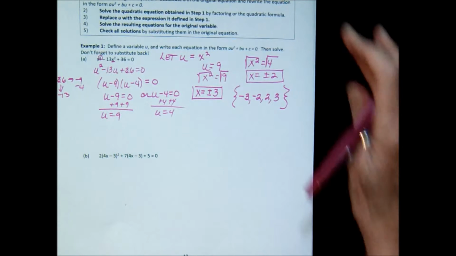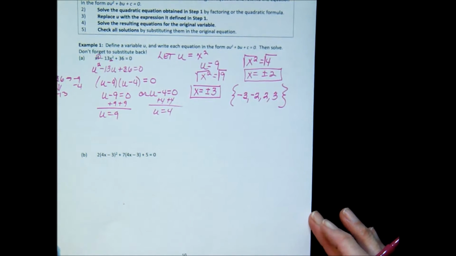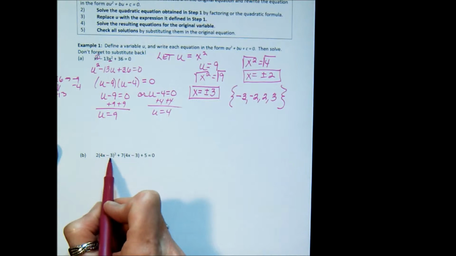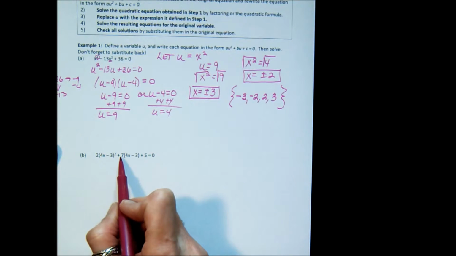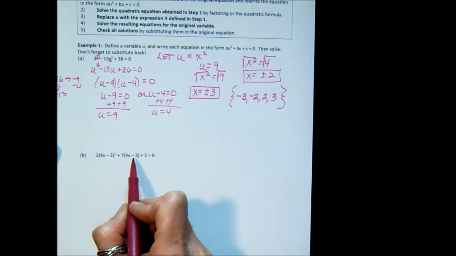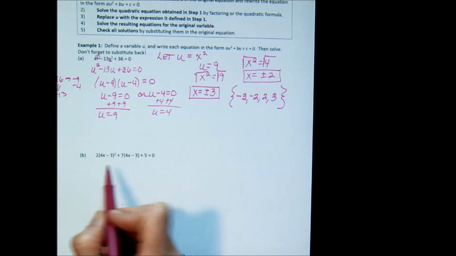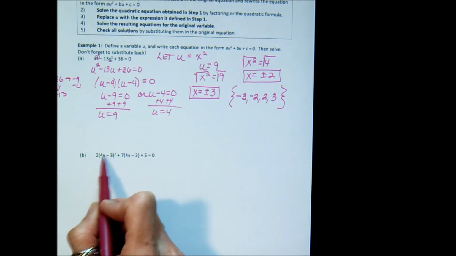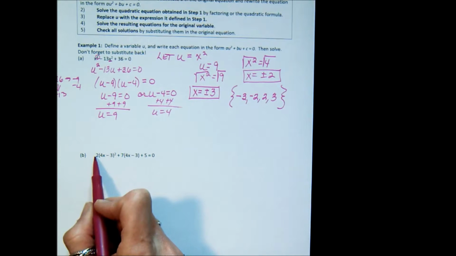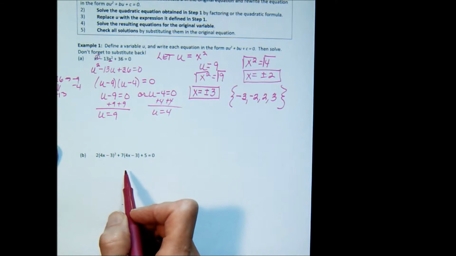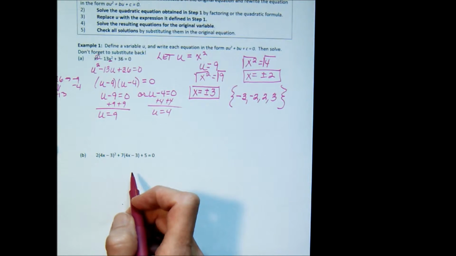This other one's a little different because of the way that it's set up. We have 2 times 4x minus 3 quantity squared plus 7 times 4x minus 3 plus 5 equals 0. Well, what you don't want to do is FOIL this out and then distribute a 2 and distribute a 7 and combine like terms and end up with something that could possibly be just a big mess.